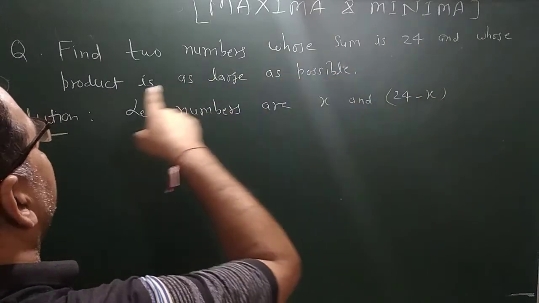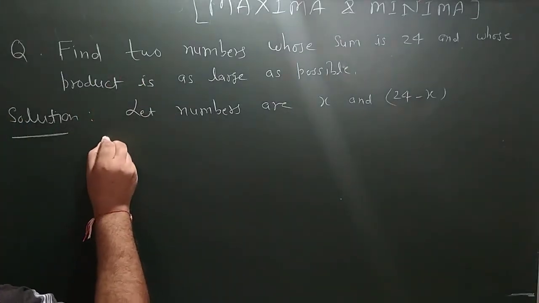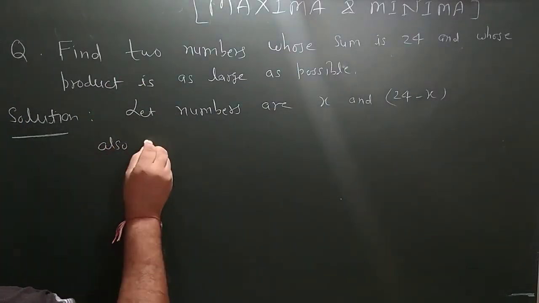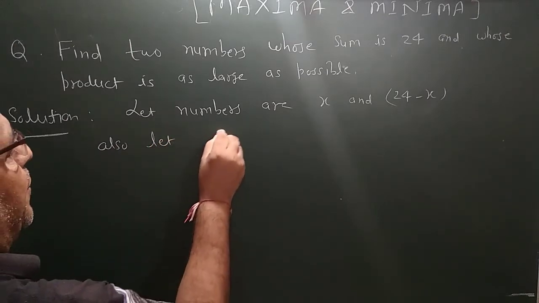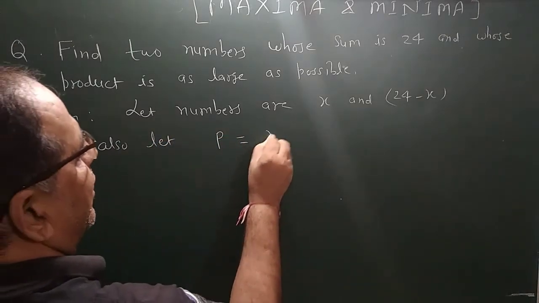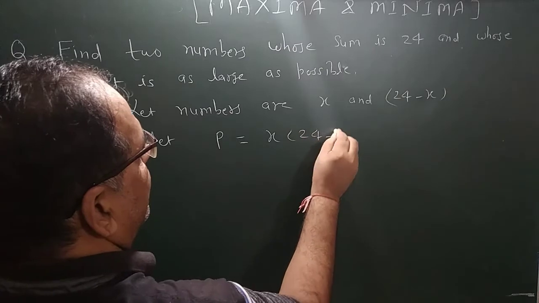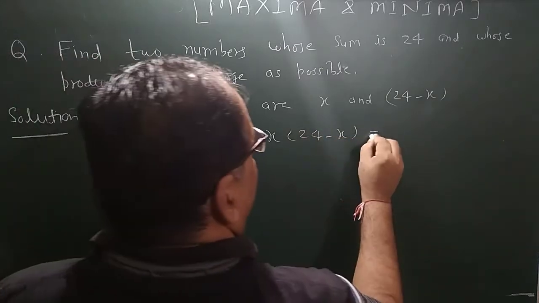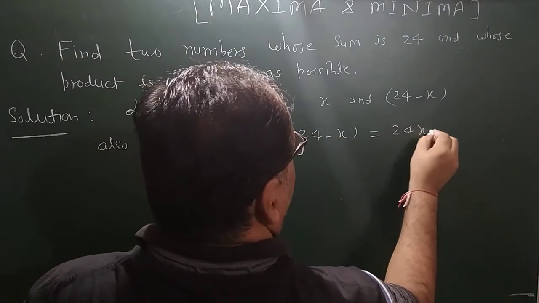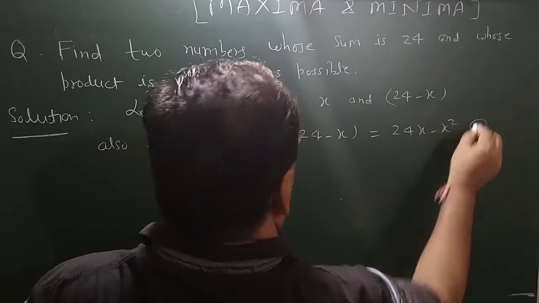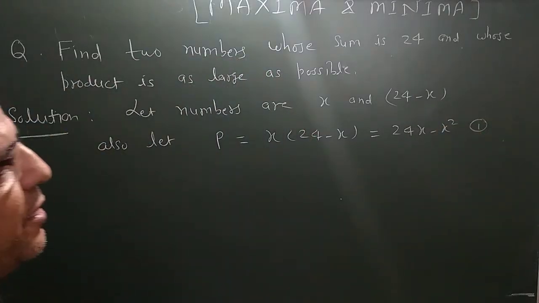And here we want to discuss the product. Also let the product P equal x into 24 minus x, that means 24x minus x square. This is the product function here.